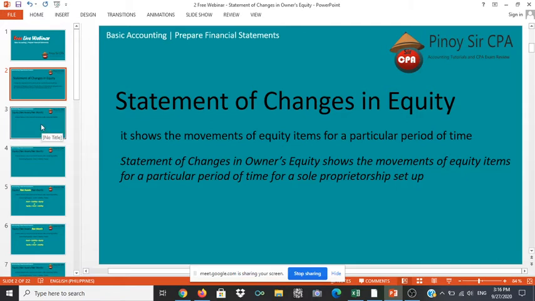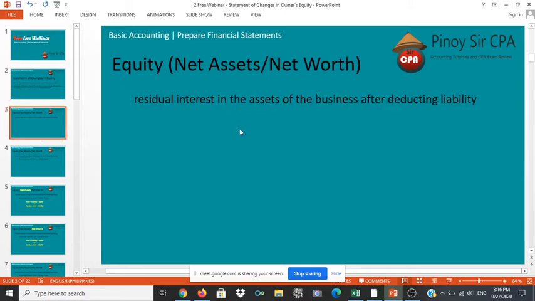Now, as we defined it in our previous tutorial video under elements of financial statements, we said that equity is the residual interest in the assets of the business after deducting liability. Okay? Remember, class, our accounting equation? Tama? And what is that? Asset is equals to liabilities plus equity. Tama po? Accounting equation is asset is equals to liability plus equity.